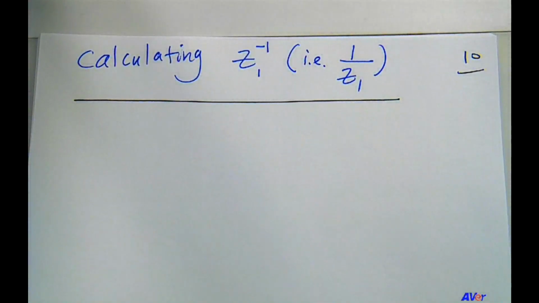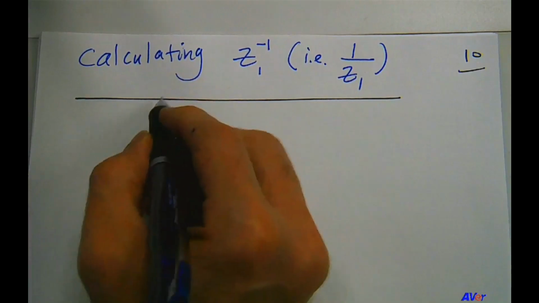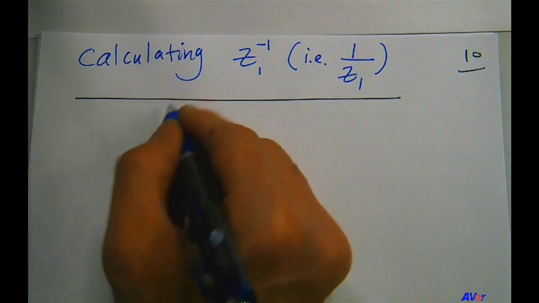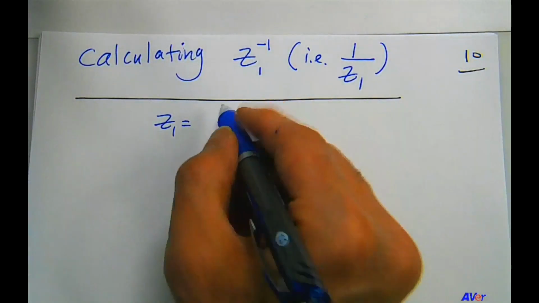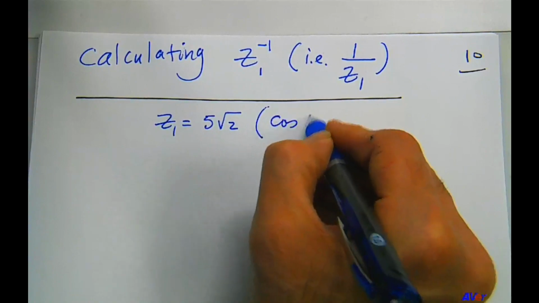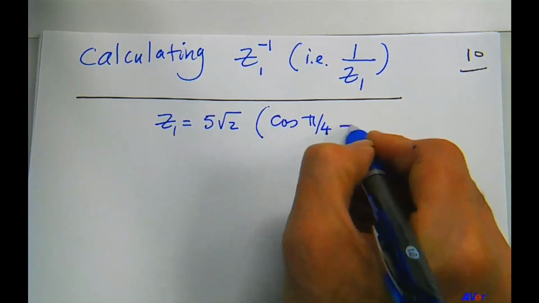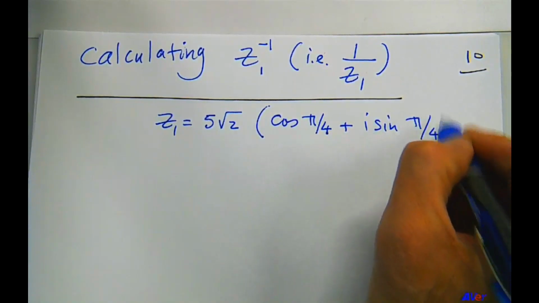And I'm going to rewrite what z1 is here again. So z1 is equal to 5 square root of 2 times cosine of pi over 4 plus i sine pi over 4.